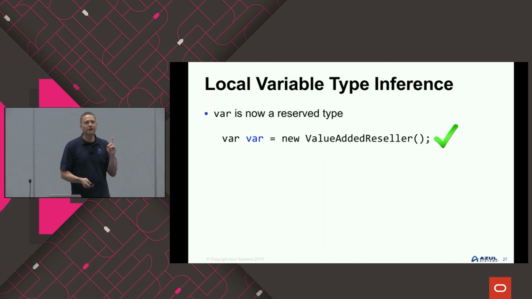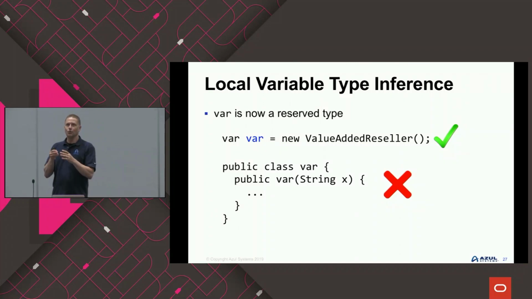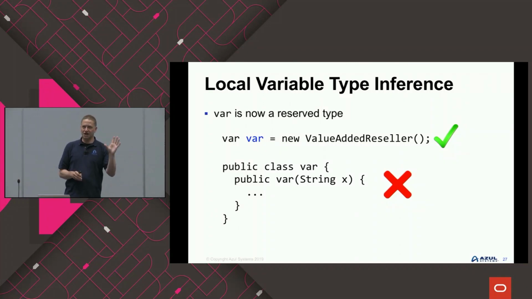But in the unlikely event that you have done this, which nobody here would have done, you can't now create a class called var with a lowercase v. Nobody would have done that because convention says you use an uppercase V. But in JDK 10, that will not work. So again, it's a very small thing that might potentially cause your code to not work.